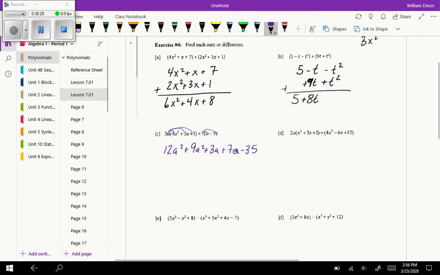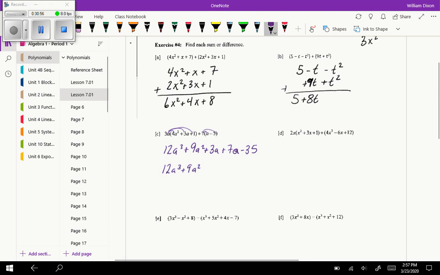All right, now, besides lining them up, as I said to you, I'm just going to combine the terms that are next to each other or just not lined up. So I'm going to drop down 12a cubed, because I have nothing to combine that with. I have 9a squared. I have nothing to add that with.